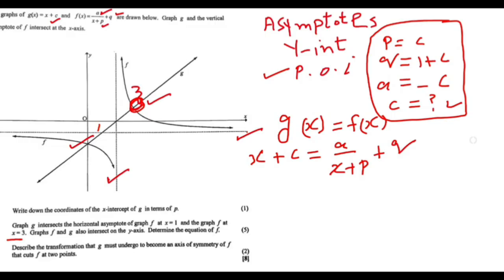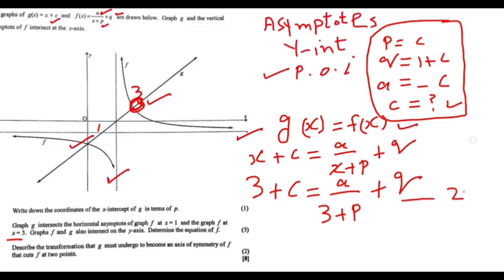Now at x equal to 3, which means x value 3 plus c is equal to a over x value 3 plus p, plus q, because we're using the point of intersection. This becomes my number 2. All of these values we have, we're going to substitute into number 2 to get the c value.